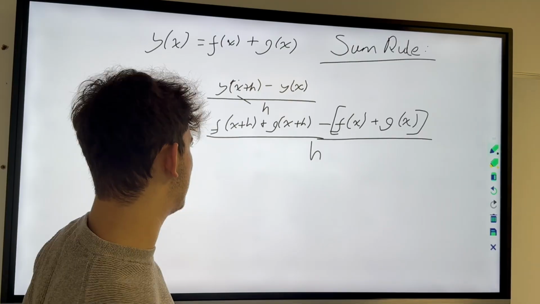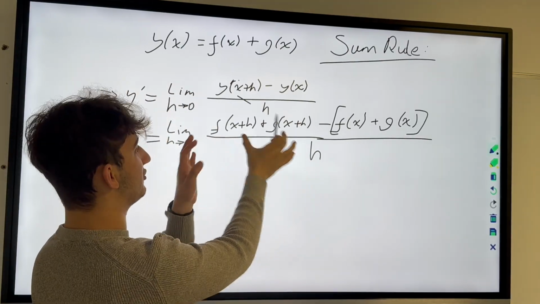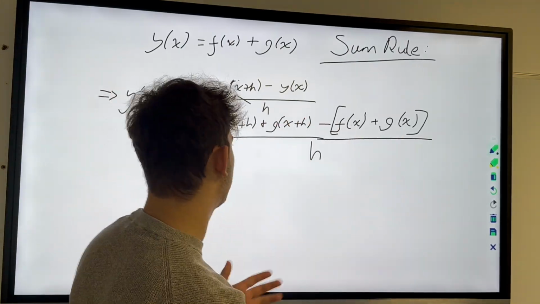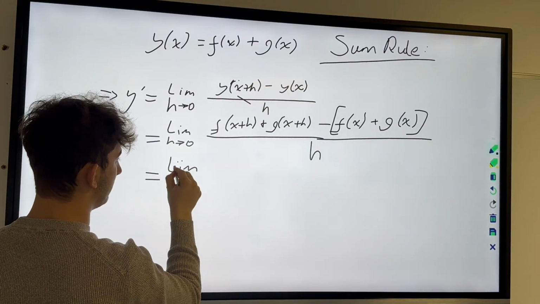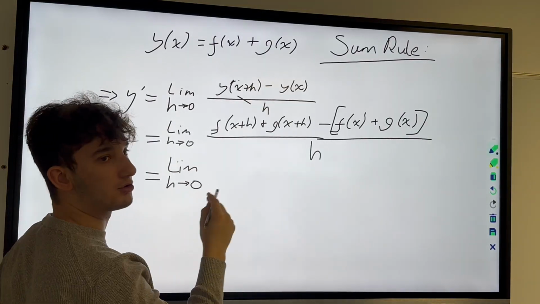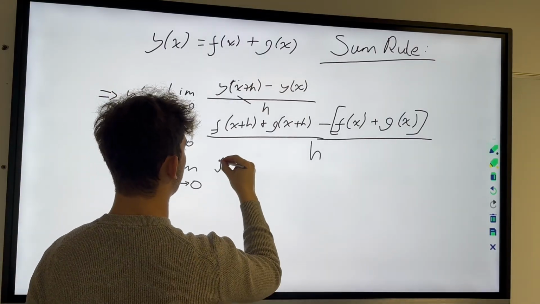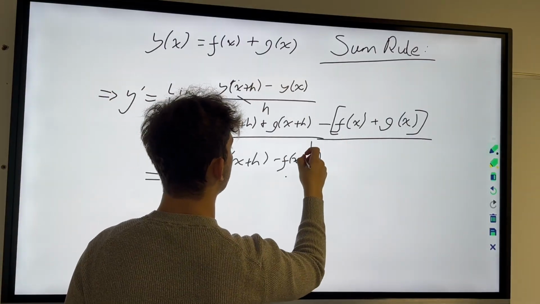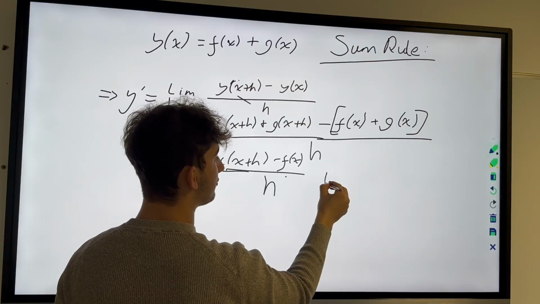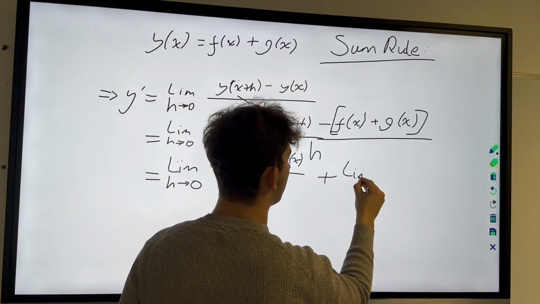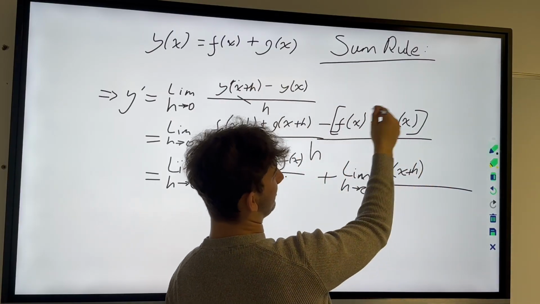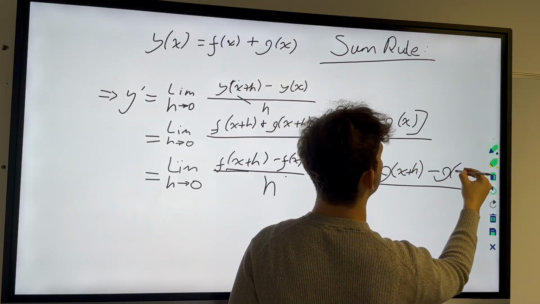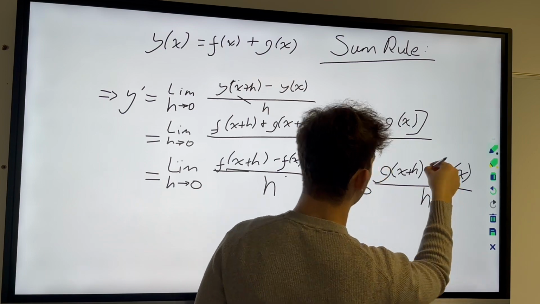What we're going to do now is separate our fraction into f and g, and you'll see why, as soon as I put it together, it makes sense. Limit as h approaches 0, take the f of x plus h, subtract f of x, put it over h, add a limit, we're going to split the limit up into two fractions. g of x plus h, and then minus g of x, so that minus gets expanded out, put it over h.